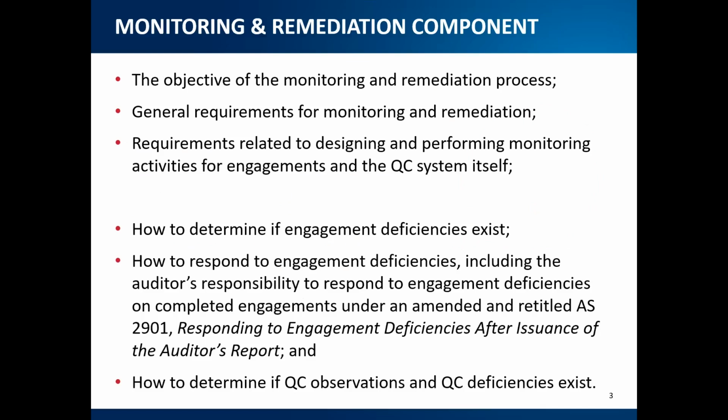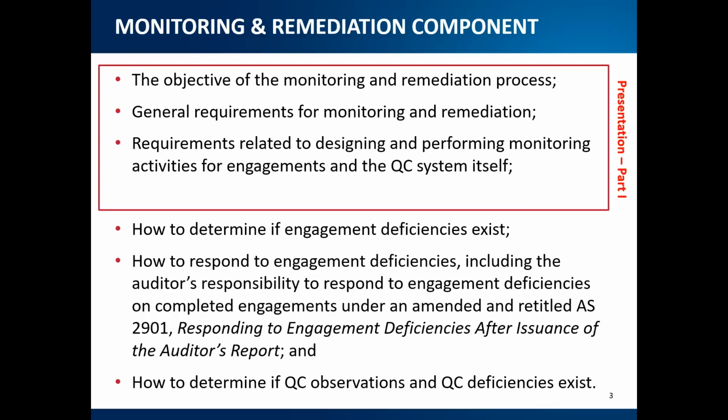As a reminder, we prepared other staff presentations covering other parts of the monitoring and remediation process component, including the objective of the monitoring and remediation process, general requirements for monitoring and remediation, requirements related to designing and performing monitoring activities for engagements and the QC system itself, how to determine if engagement deficiencies exist, how to respond to engagement deficiencies, including the auditor's responsibility to respond to engagement deficiencies on completed engagements under an amended and retitled AS 2901, responding to engagement deficiencies after issuance of the auditor's report, and how to determine if QC observations and QC deficiencies exist.